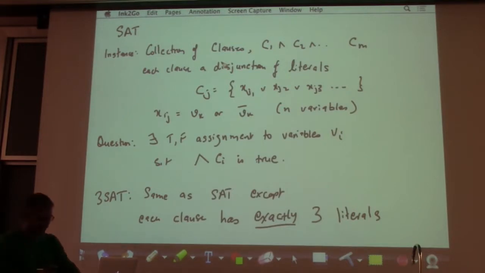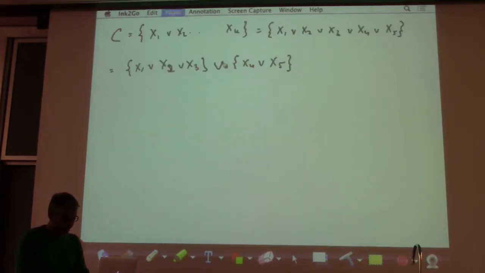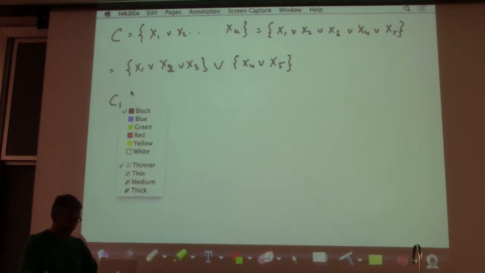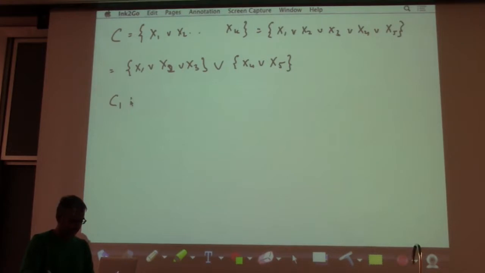Okay, so that's a good idea. If you have a distribution, what you're saying is that it looks like this, right? I had, let's say, C1 and C2. This has now become C11 or C12, and C2.